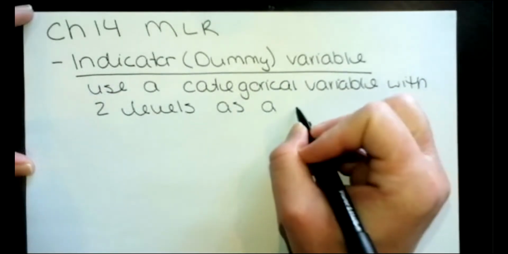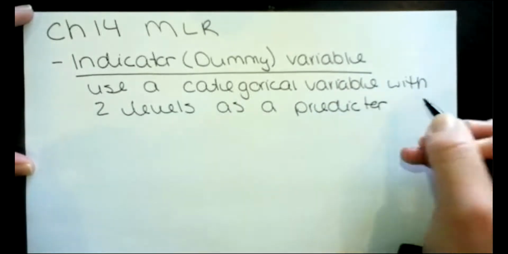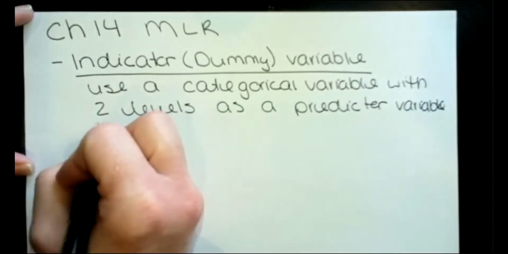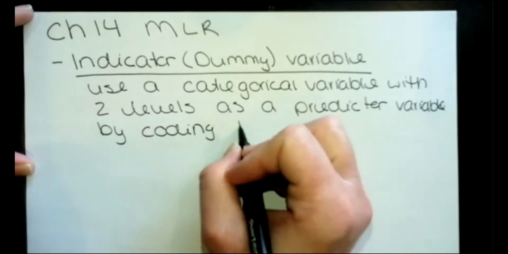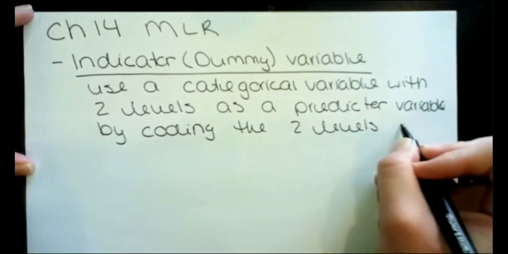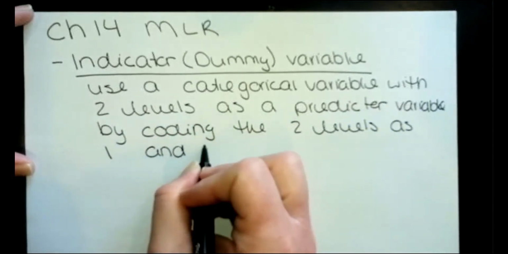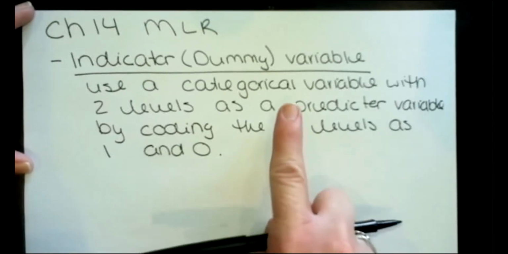And we use it as a predictor variable by coding the 2 levels as 1 and 0. So we're going to take this categorical variable.